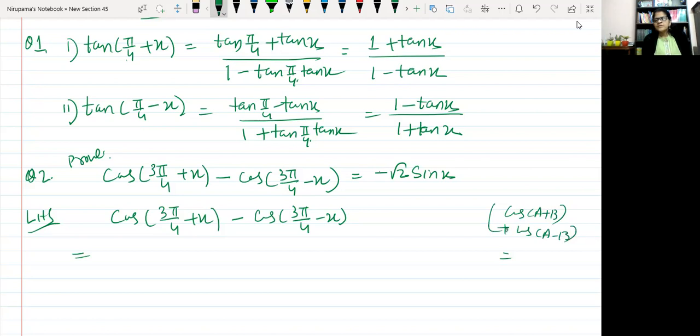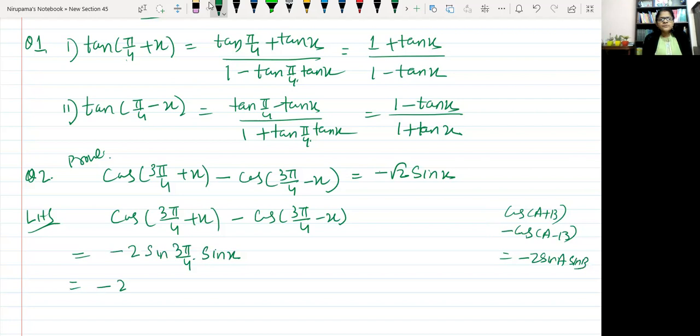So this is cos(a+b) minus cos(a-b), you get minus 2 sin a sin b. So that is the easiest way you can apply. So you can write here minus 2 sin 3pi/4 into sin x, right?